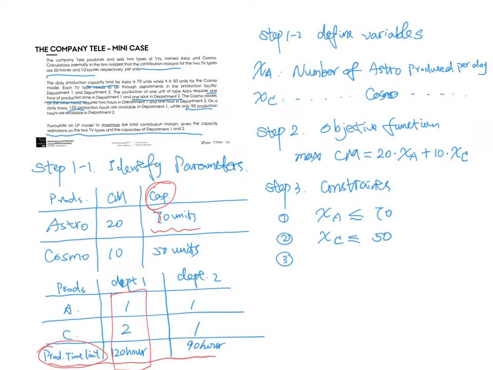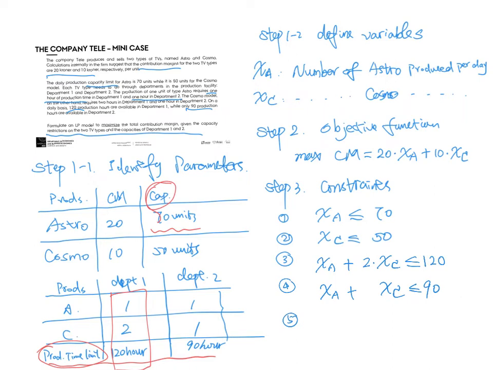So the third constraint will be XA plus 2 times XC should be less than or equal to the total production time available in department 1, which is 120. And the last constraint is in the second column, so do not change color here, you can see I have XA plus XC less than or equal to the total capacity, 90 hours. So these are the main constraints. So this is a production business case.